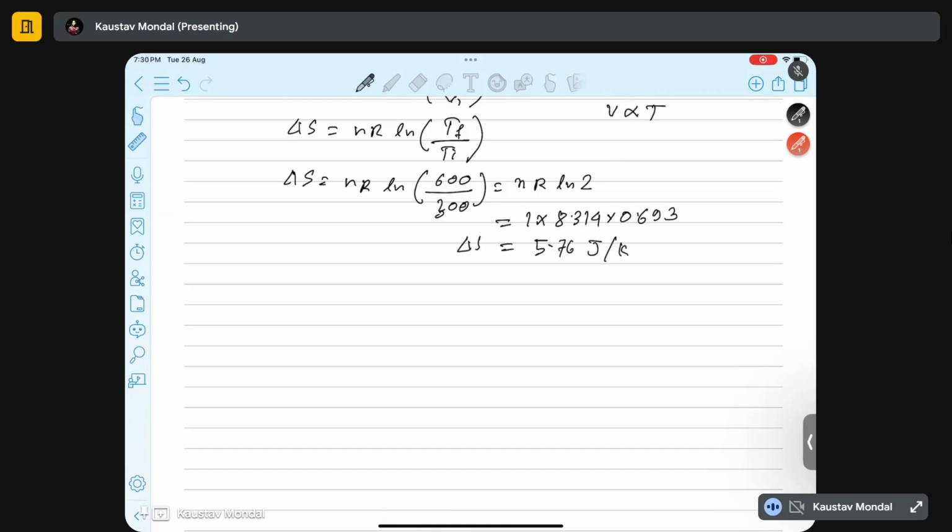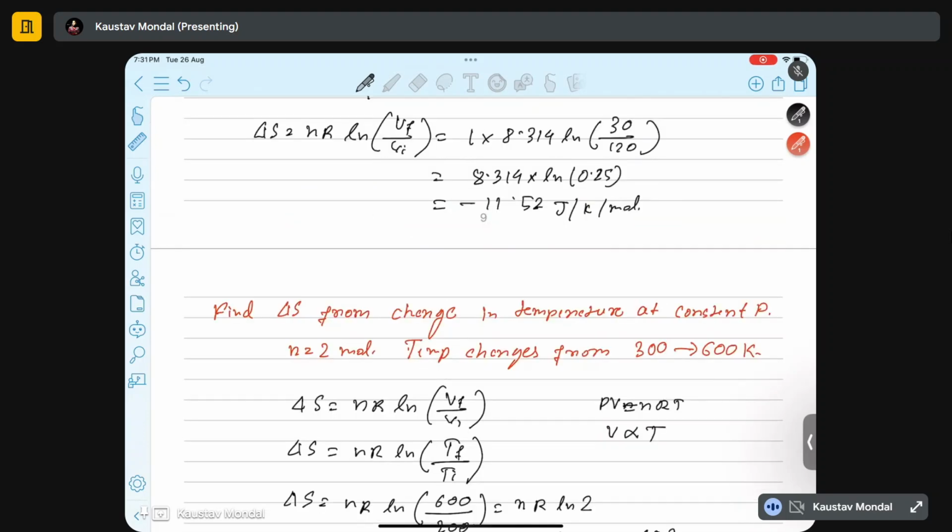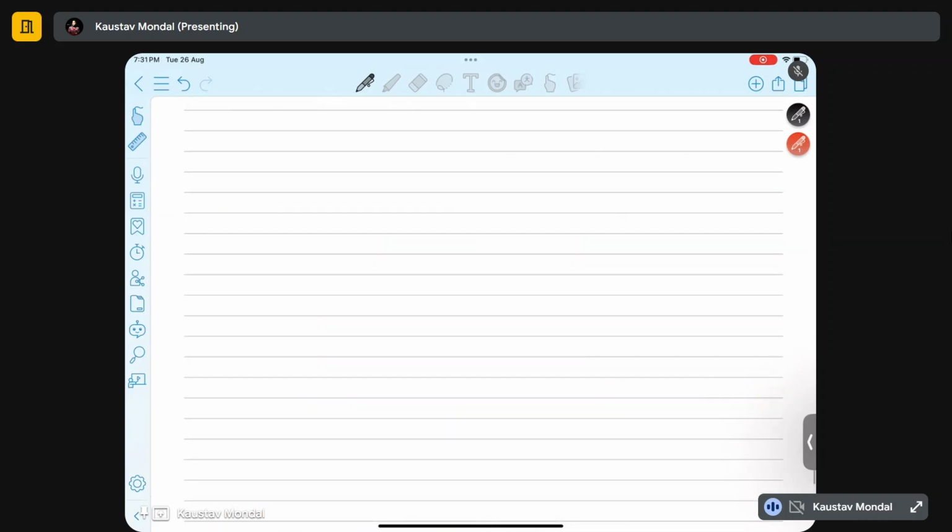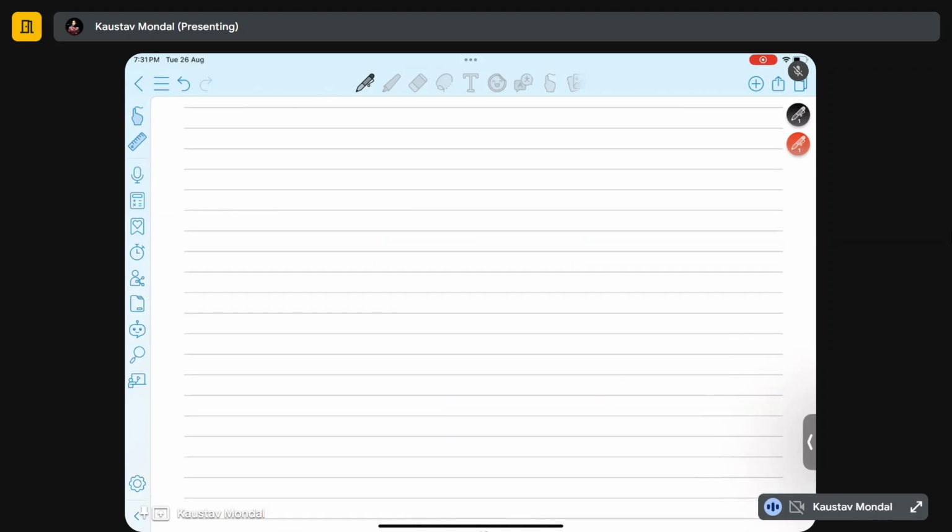This is the delta S. Here N is equal to 2, so this should be multiplied with 2. The mole was 2, right? So 11.52. Now it's fine. So this is the entropy. If you change the temperature, its entropy will also change. In this case, you just have to write the change in entropy in terms of temperature, right?